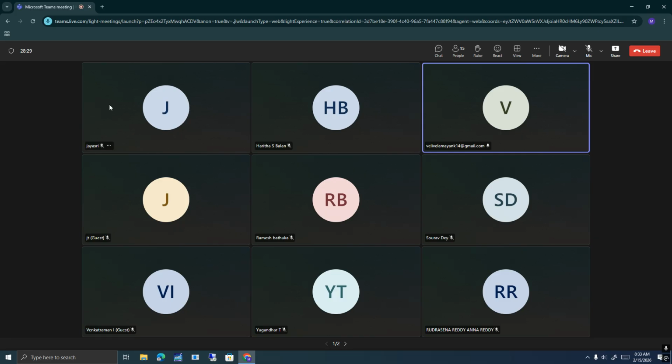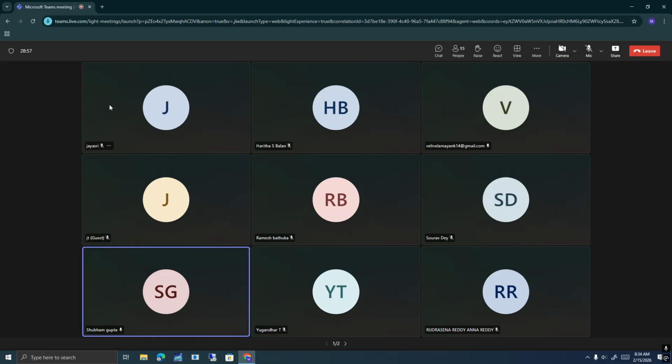Subham, after secure JTAG, which concept will we discuss as usual? Secure access. Yeah, secure access. Secure JTAG, out of those 15 use cases, what is your famous use case? Extraction of the firmware. Okay.